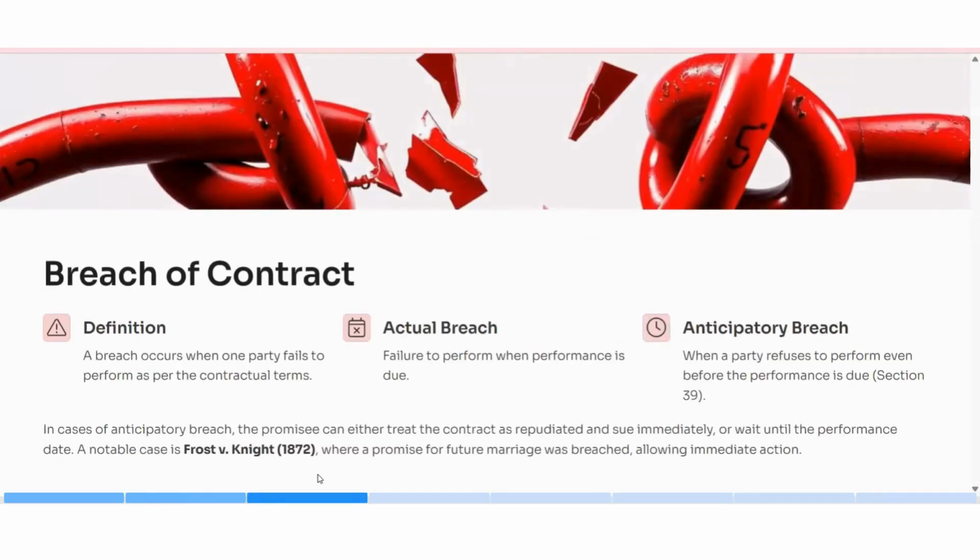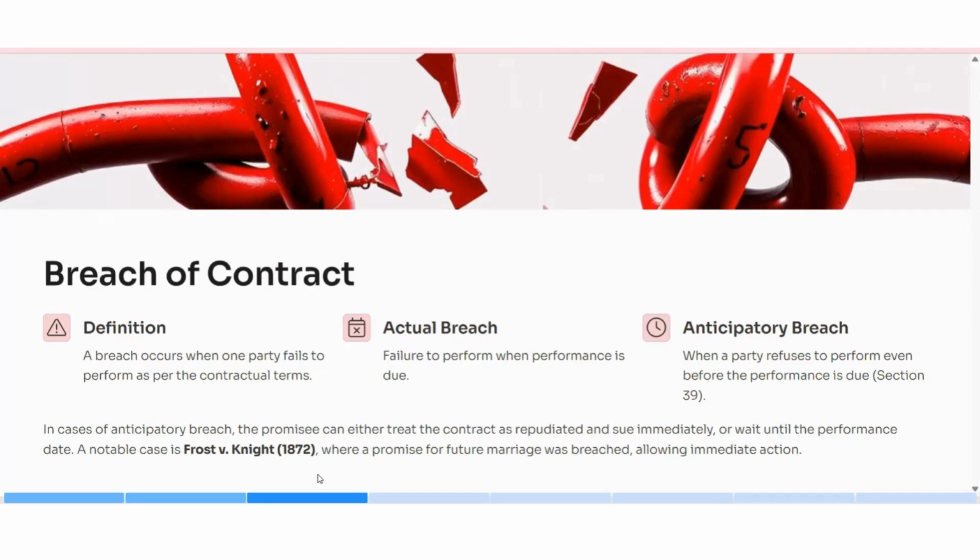A breach of contract occurs when one party fails to perform as per contractual terms. Actual breach means failure to perform when performance is due. Anticipatory breach is when a party refuses to perform even before performance is due, that is provided under Section 39.